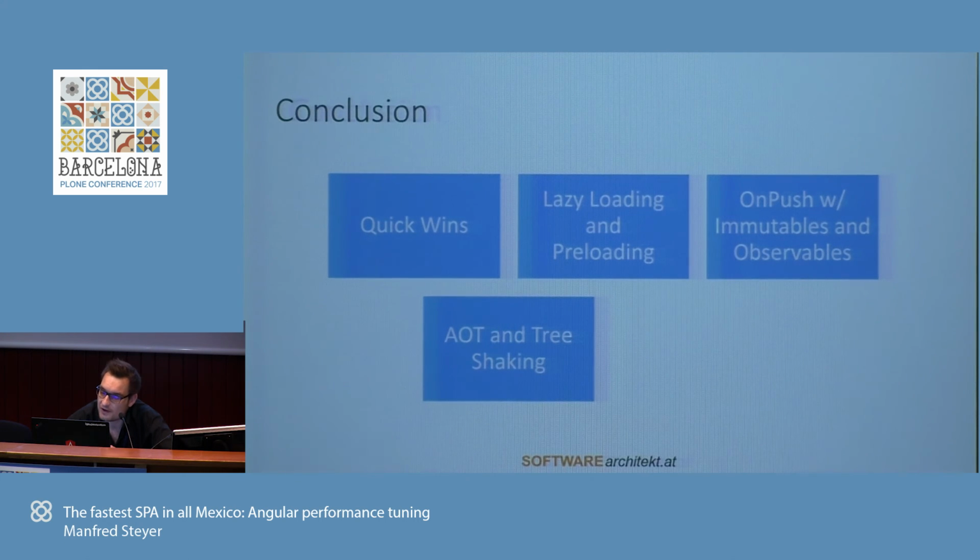You've seen with AOT and tree shaking, we can really reduce the startup time by a third or even by 50%. And tree shaking helps you to shrink your bundles. And we can leverage caching and service workers to get better startup performance, even when we have no data connection or a slow mobile data connection.